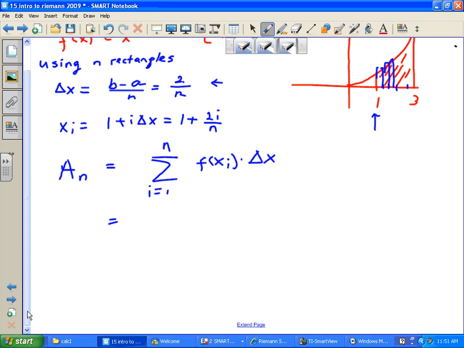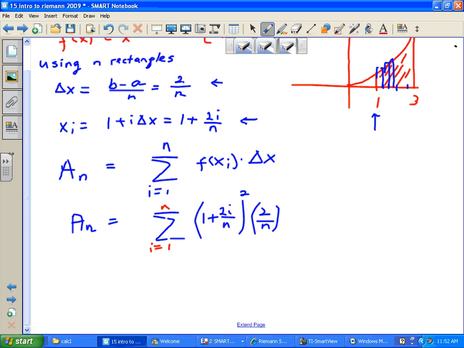Delta x is, as we got above, 2 over n, and f of x sub i is, since f of x is the squaring function, just plug x sub i into the squaring function, and that will be 1 plus 2i over n, quantity squared, as i goes from 1 to n. Okay, this is the area using n rectangles, and if we want to find the exact area, you would just take a limit of this as n goes to infinity.